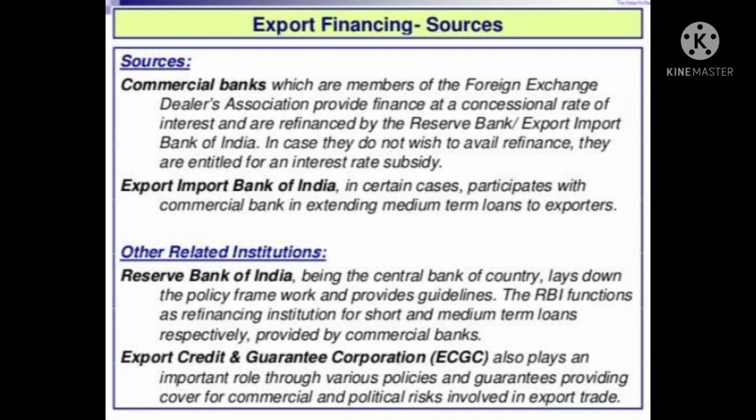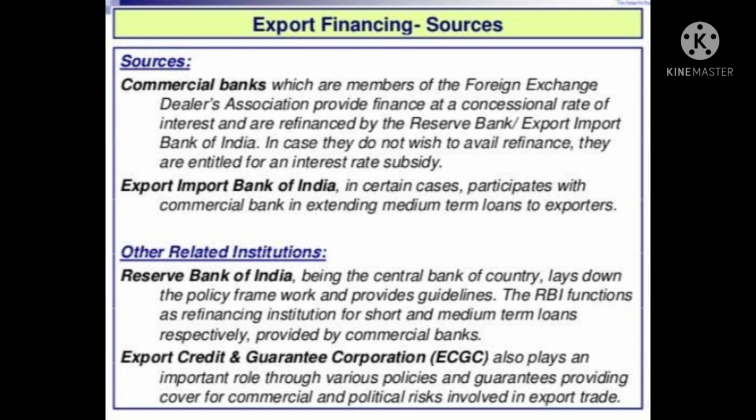Just like our insurance policies, for our life, for our health, we cover with life insurance or health insurance policies, right? In the same way, for the commercial banks which provide the finance for export trade procedures, this ECGC will cover them for the political risk. Political risk means, as you all know, whenever political changes happen in our country, the rules and regulations change.